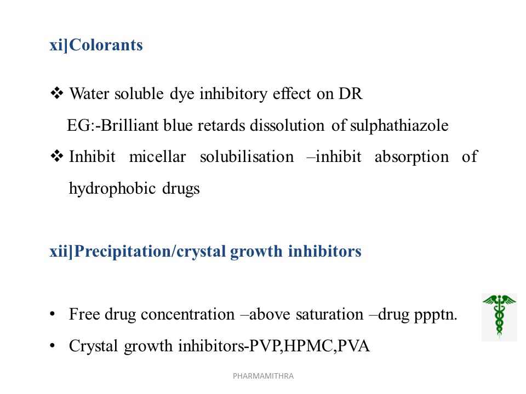In such cases, we have to add precipitation or crystal growth inhibitors such as PVP, polyvinyl pyridine, HPMC, PEG, and PVA.